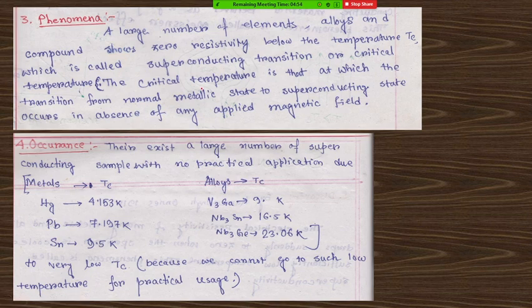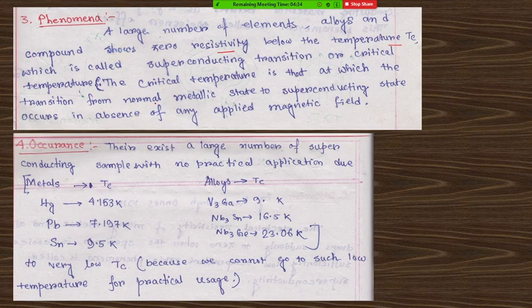Okay, so in this phenomenon, a large number of elements, alloys and compounds reach zero resistivity below a temperature, that is the critical temperature, the superconducting transition. This temperature is known as the critical temperature or the superconducting transition.